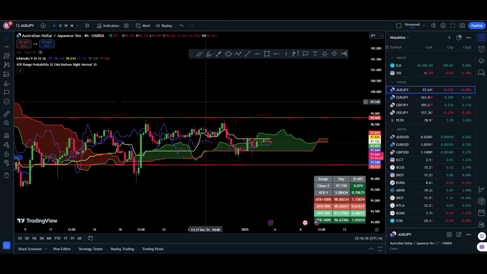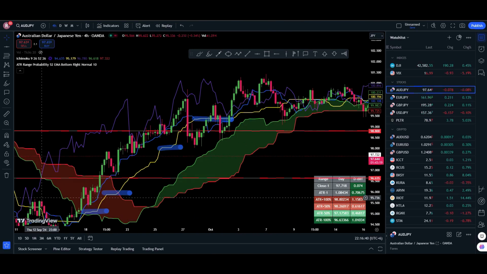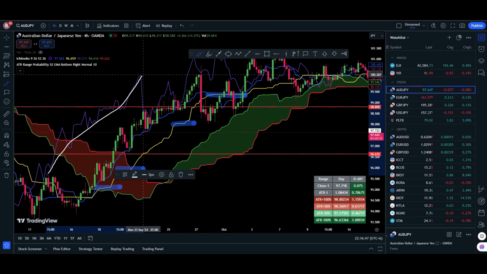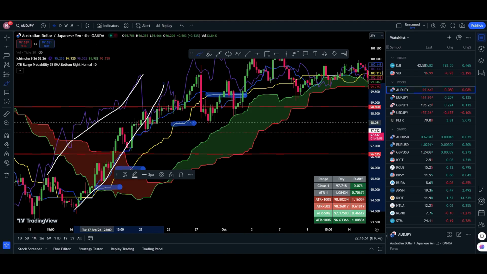Here, if we go in uptrend, you can see, guys, the lagging line is away from the price. This is the price, and this is the lagging line. So once the lagging line touches the price, close the trade.